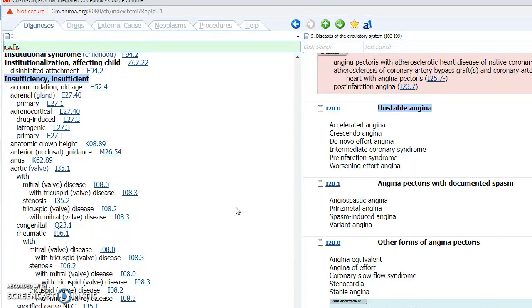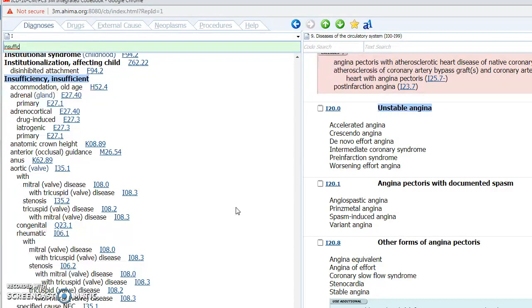Number 6, we have insufficiency and aortic. Okay, we have mitral and aortic again, rheumatic. And the same thing with number 7. The only time, again, is if you have mitral valve insufficiency, non-rheumatic, and anytime the aortic valve is by itself, it's non-rheumatic.